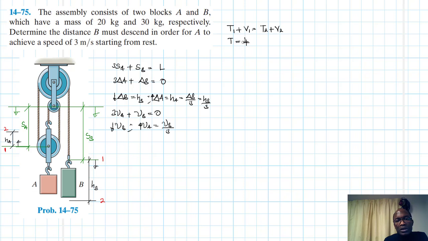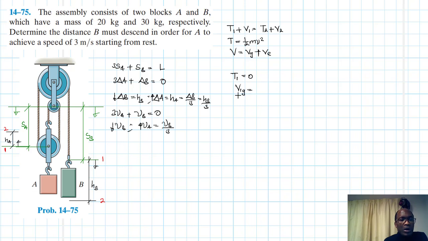Kinetic energy is just equal to half mv squared, and the potential energy is just equal to Vg, which is the gravitational potential energy, plus the elastic potential energy. T1, since this is coming from rest, right? So it's equal to 0.